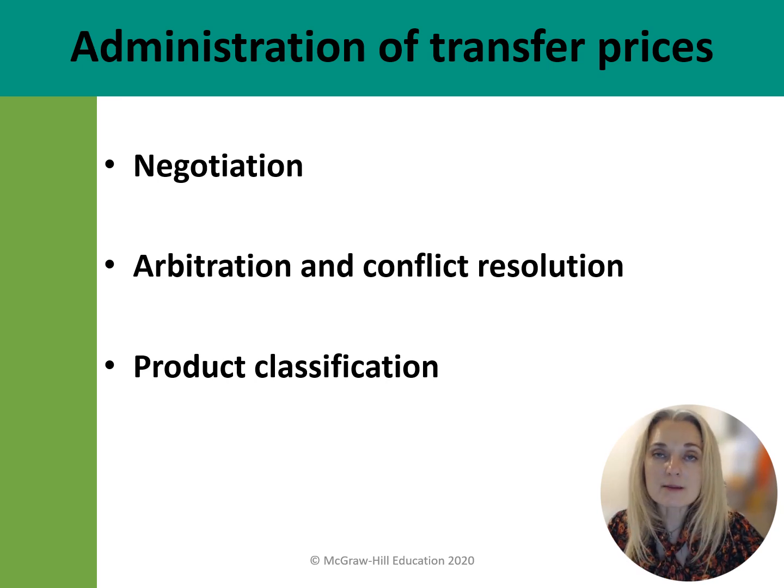There should be some methods of arbitration and conflict resolution in place in case the parties themselves can't negotiate a price and they're at an impasse. And there should be various product classifications available.